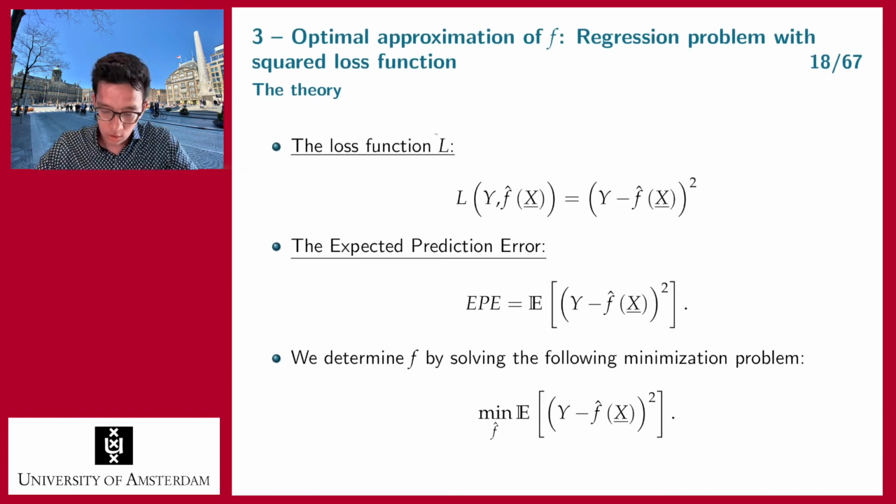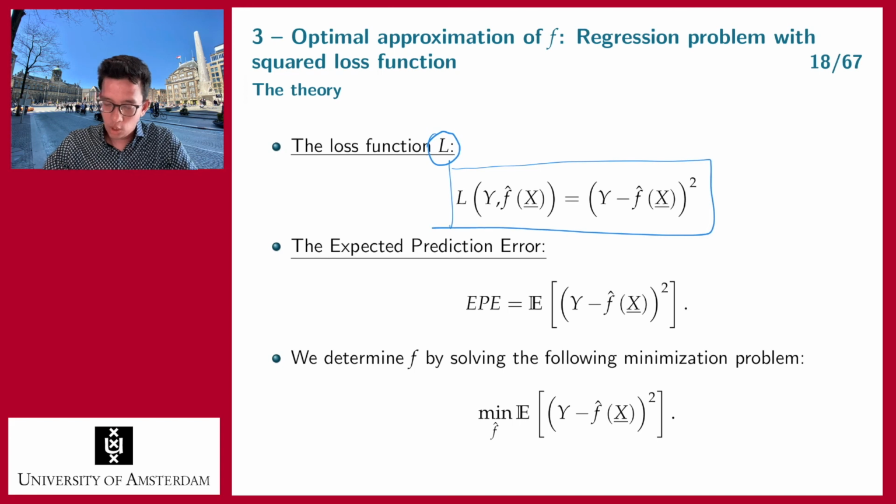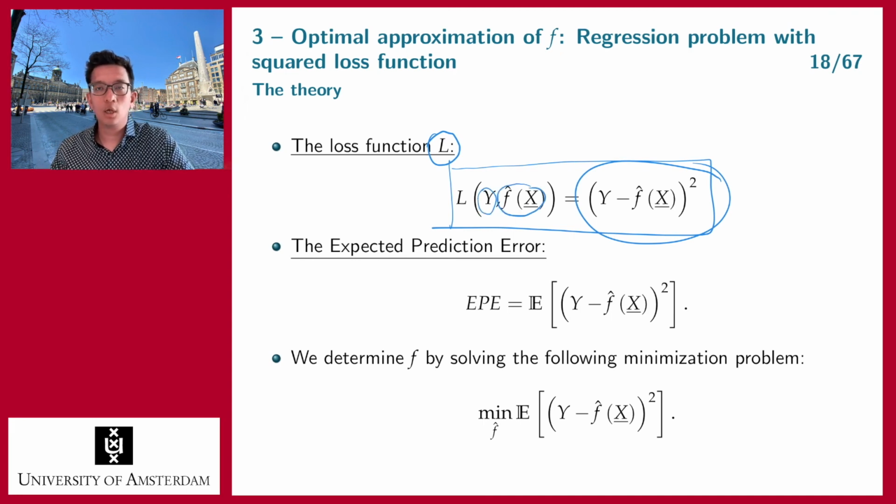Assume we define the loss function L in this way. We use the squared error, and then the function L gives for each y and for each f hat the squared error between the response and the prediction. Note that x is a vector with your predictor variables, but x is a random vector.